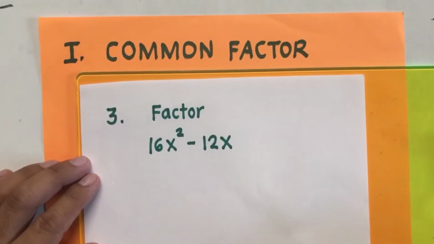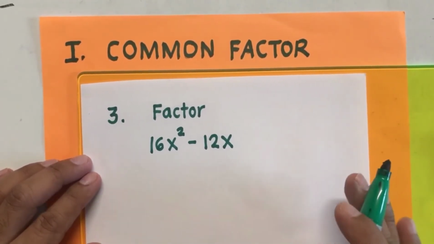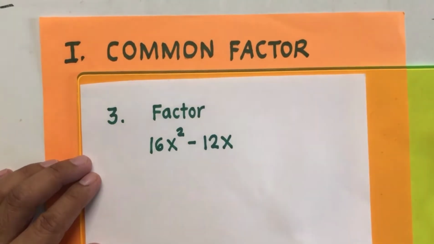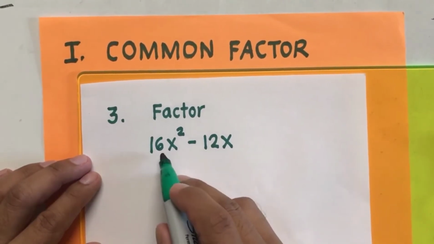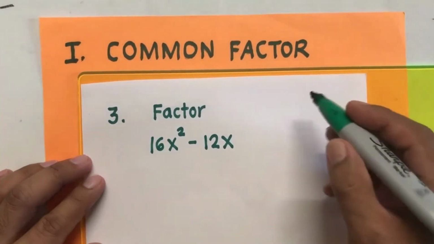In the next example, let's do this without the use now of the manipulatives, because our goal is to eventually do away with using those concrete objects so that you can advance to the abstract level. So the process is get the greatest common factor of 16 and 12.